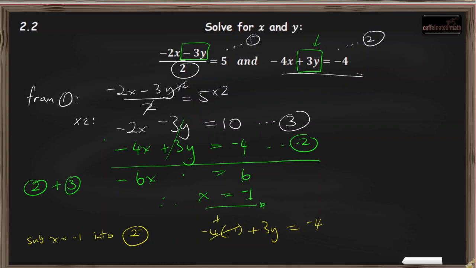That's actually positive 4, because a negative and a negative gives us that, which means we'll have 3y, if we subtract this on both sides, equal to negative 8. Therefore y is going to be equal to negative 8 over 3, and that is as simple as that gets.